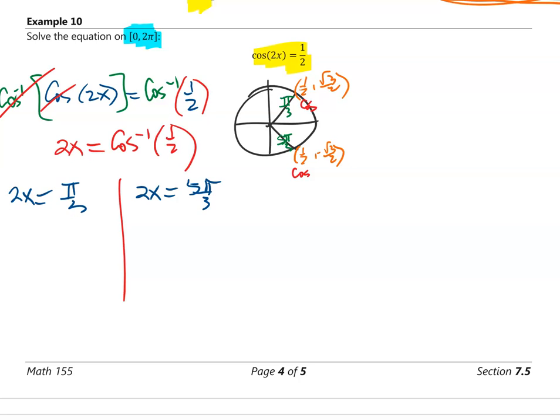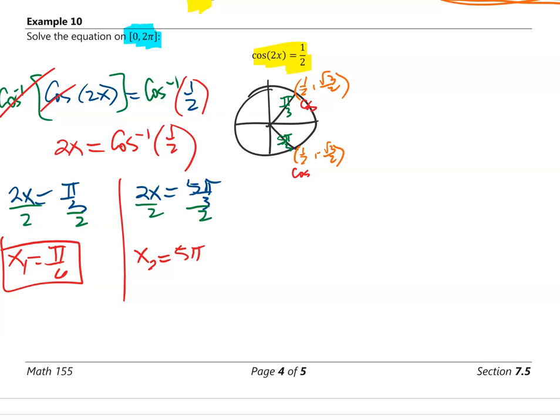And if we divide both sides by 2, we will have x is equal to pi over 6. Same thing here, divide by 2, x is equal to 5 pi over 6.